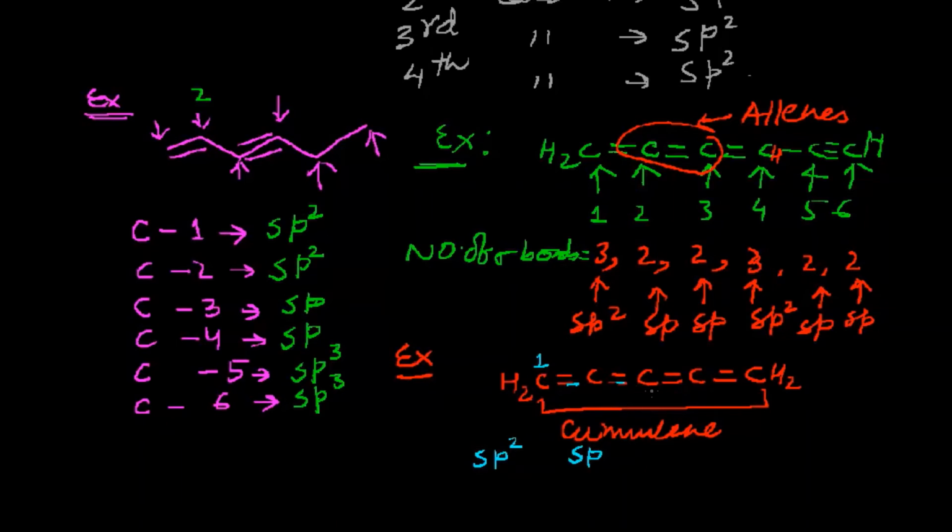In third case again it is nothing different from the previous one, so it will again have sp. Again the next one will have sp hybridization, and in the last one it will be sp2. So these are different examples based on hybridization which is frequently asked in the exams.